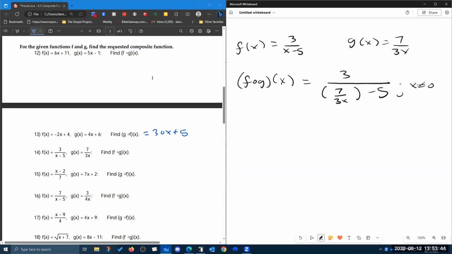And then I'm going to try to get rid of this complex fraction here. The way I'm going to do that is I'm going to make a common denominator and multiply by 3x over 3x.